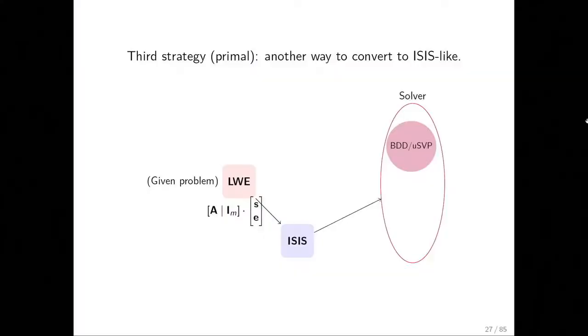So this also means if I have a very short secret, or I have some special structure on the secret, these two attacks do not really use that property. In order to tackle that, I can have another attack, which is called the primal attack on an expanded matrix, where I rewrite the LWE problem AS plus E as A concatenated with the identity matrix of dimension M, times a very long vector concatenating S and E. So the problem does not change, but the way we construct this SIS problem has changed.